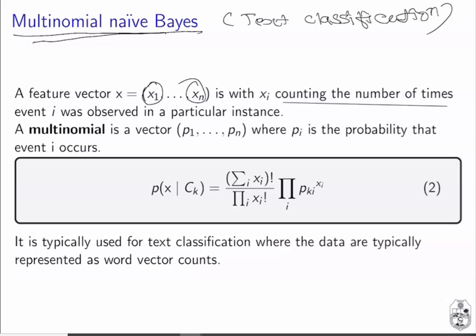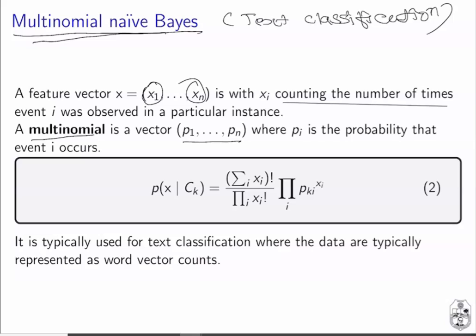If you are using it for text classification, the value of the independent variable represents the number of times a particular word occurs in a particular document. Multinomial means that if there are n input vectors, then there are n probability values, and those probability values represent the probability of occurrence of that particular term.